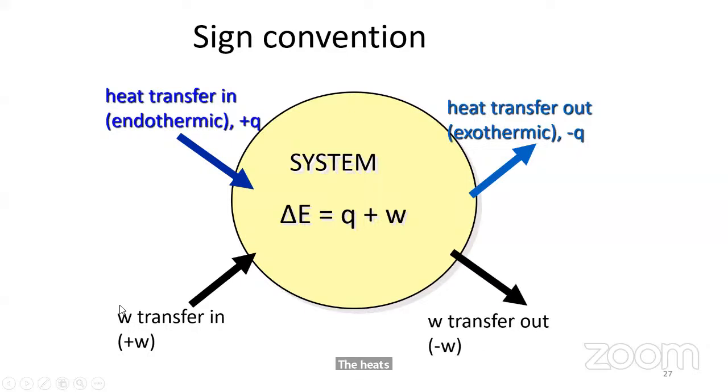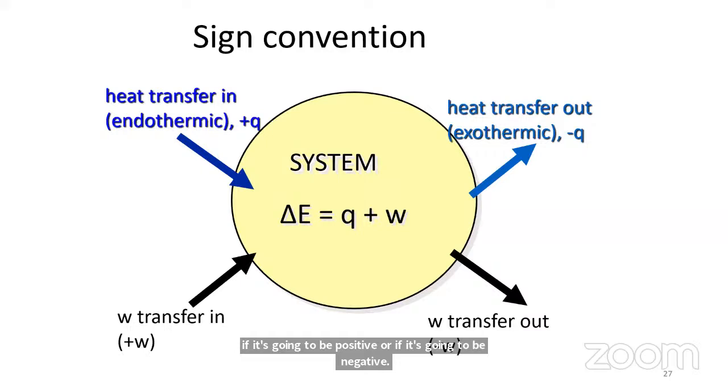Also, you can have transfer of work. When it's transferred into the system, it is positive, and when it's transferred out, it's negative. So it's very, very important to know these sign conventions because when you are given an equation and they say heat is transferred out or heat is absorbed, you should be able to know if it's going to be positive or negative.